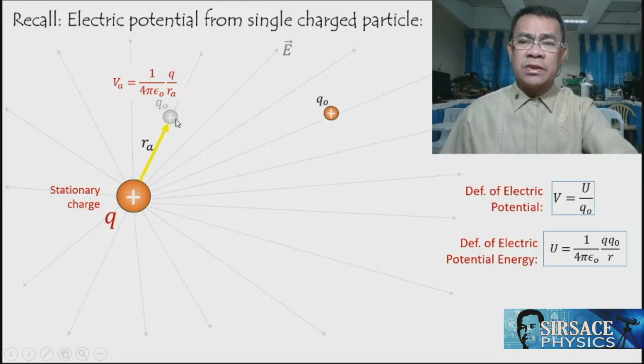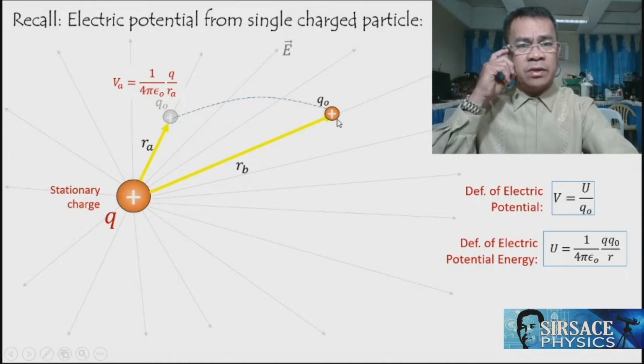Now take note that because of a force or other factors that affect the particle, there's a big possibility that it will be transferred from one point to another. Let's say the particle starts from here, then ends up at this point. So the question is, what is the electric potential at the radius RB, which is the distance from the center of the point charge to the point of interest?